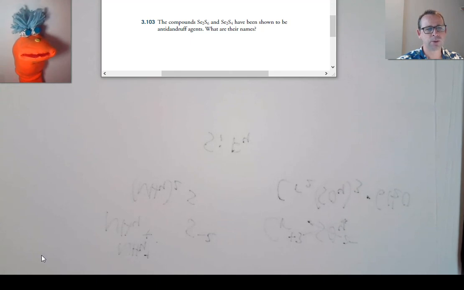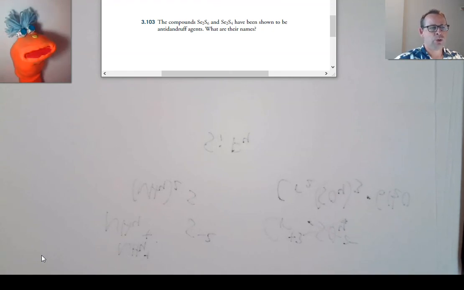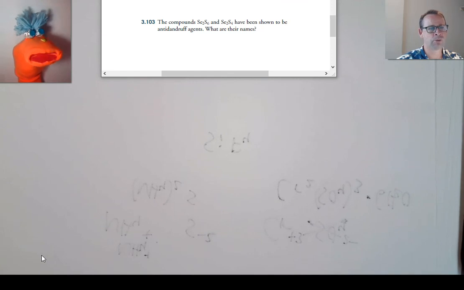Well, almost. Selenium 2 sulfide? No, these are molecular compounds, right? Oh, yeah, both selenium and sulfur are nonmetals. So diselenium hexasulfide. Very good. And diselenium tetrasulfide. Very good.